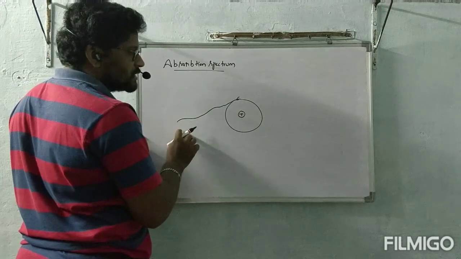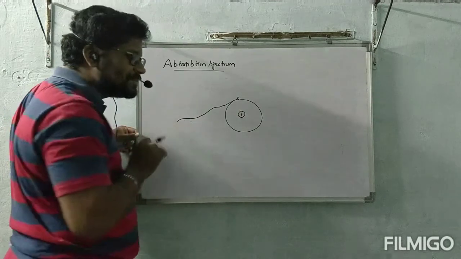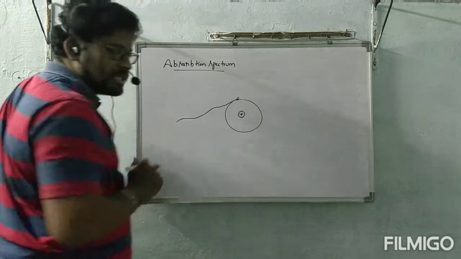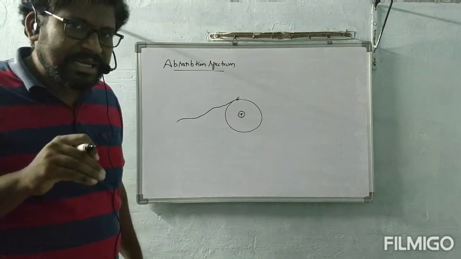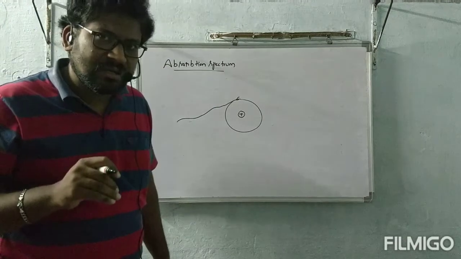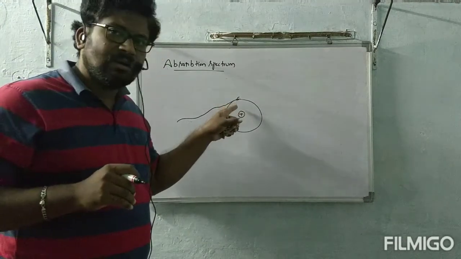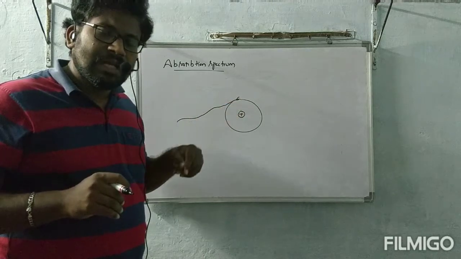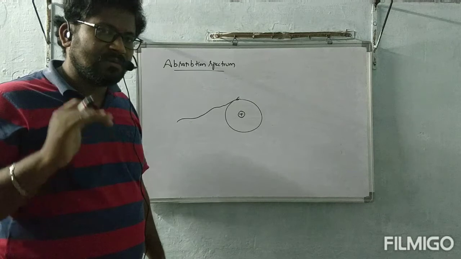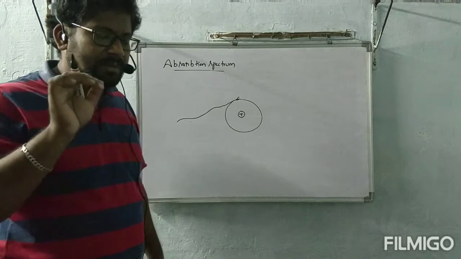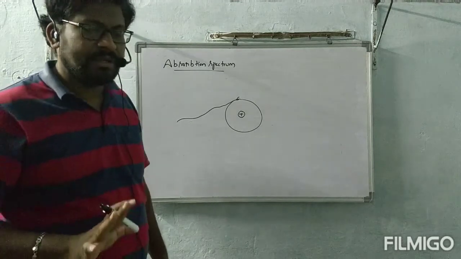It is a small amount of energy, not sufficient to make the electron go from ground state to a high energy state. Then the electron will not move; it will stay in that lower energy state only.